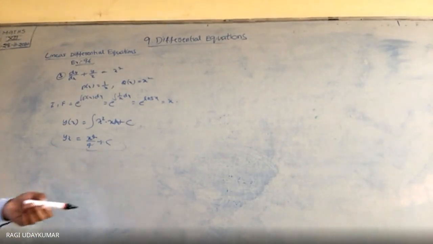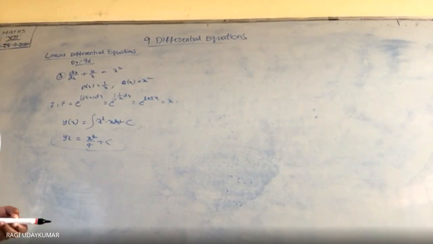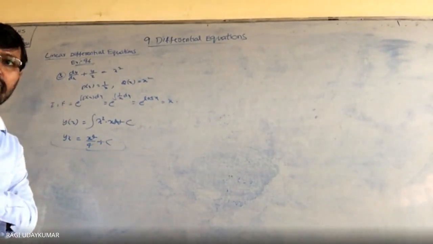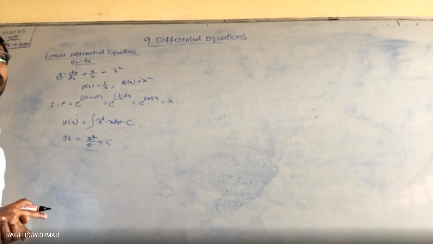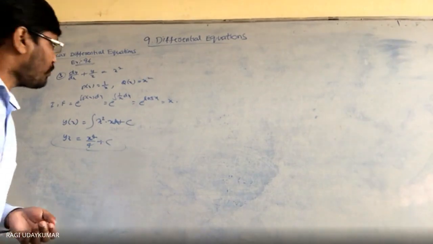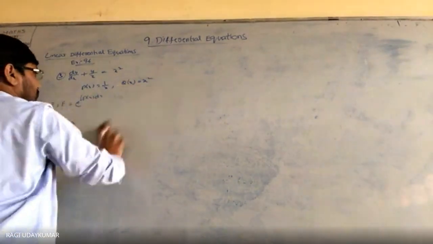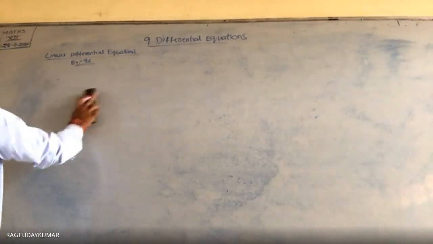xy is equal to x power 4 by 4. In case you have a trigonometric function, in the fourth problem trigonometry is given, secant x into y. So p of x is equal to secant x. Okay, so fourth problem, I will explain. Like that, all the problems will be similar, except some problems.